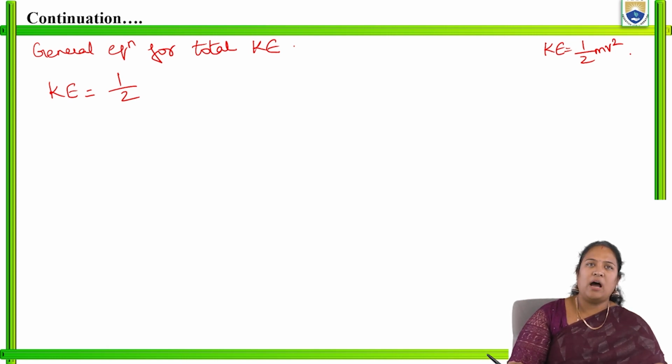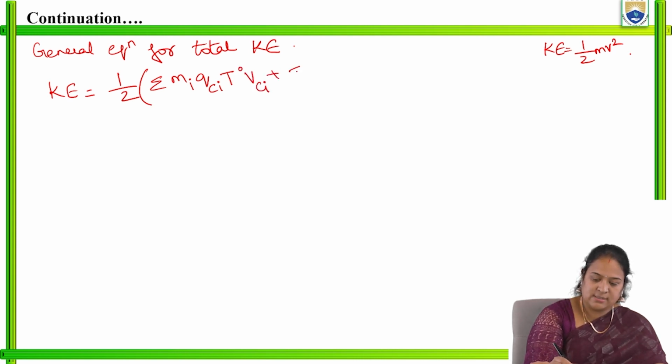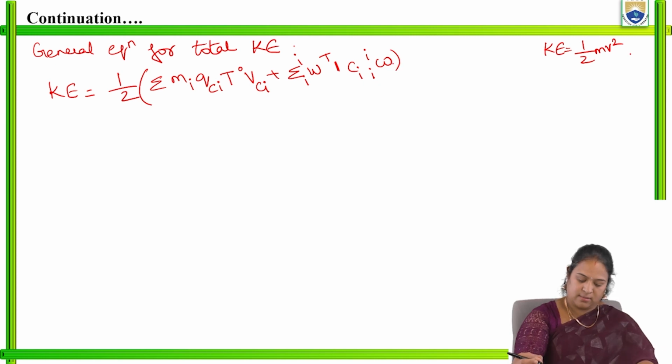Kinetic energy is equal to half the sum of m_i times v_ci transpose v_ci, plus the sum of ω_i transpose I_ci ω_i.